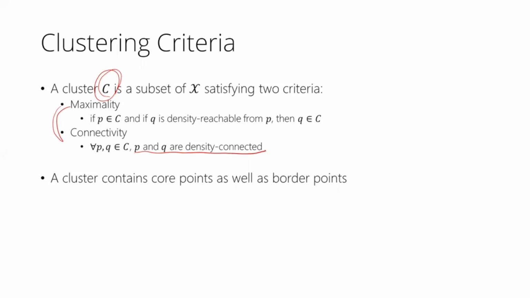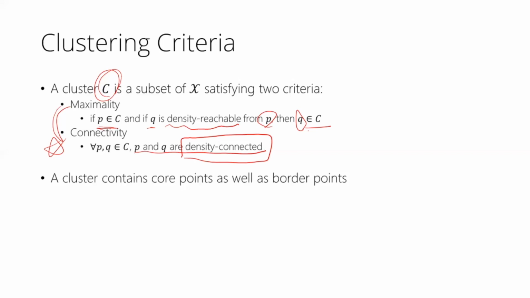The maximality condition says if P is in a cluster C, and Q is density reachable from P, then Q should belong to C as well. But since the notion of density reachability is already involved in the concept of density connectivity, this one condition actually describes everything.